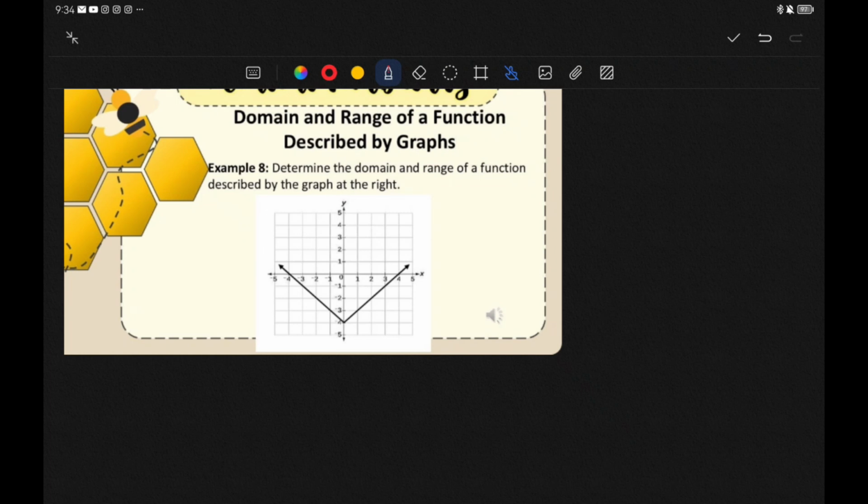So looking at the x values horizontally from left to right, you can see that there are no breaks or gaps in the graph. Where it begins and where it ends, there are no breaks. Since this graph does go infinitely left and right without any gaps, the domain is the set of all real numbers. So we can write that the domain is an element of all real numbers.